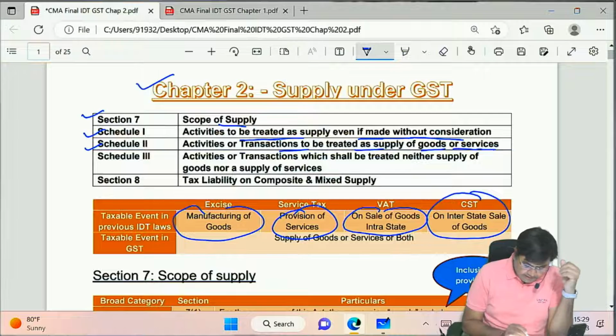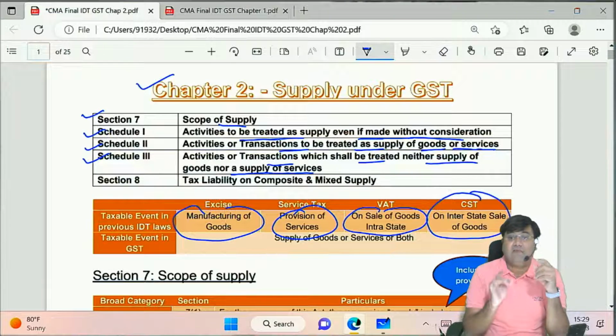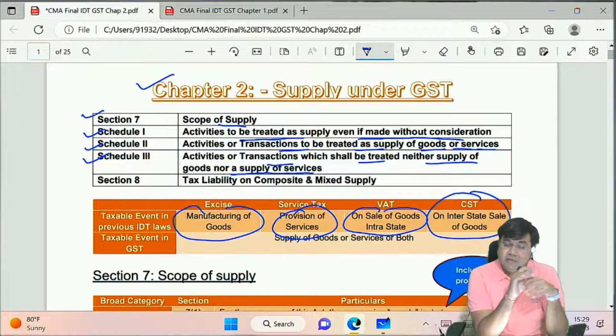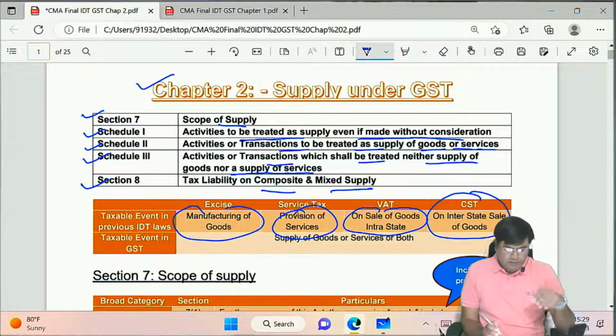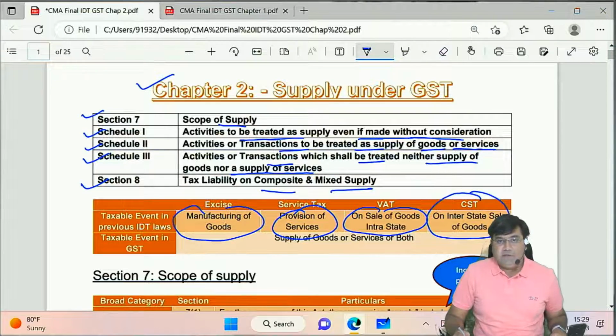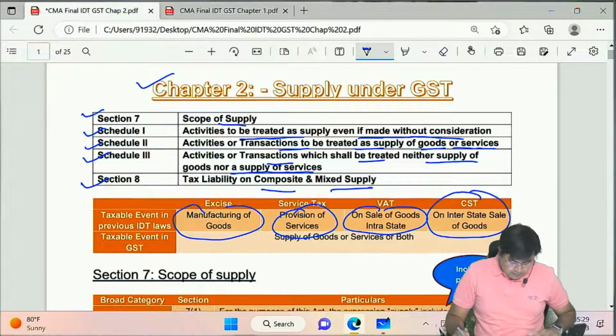Then Schedule 3, activities or transactions which shall be treated neither as a supply of goods nor a supply of services. Then finally, we are going to cover in this chapter section 8, tax liability on composite and mixed supply. So let's start this chapter with section 7, scope of supply.